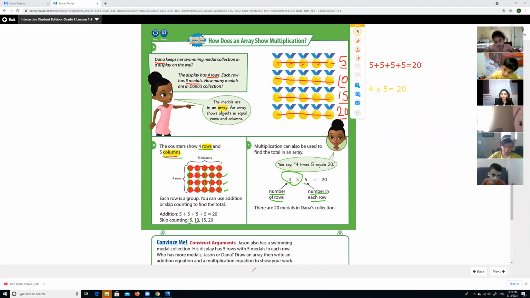So the rule we use to write multiplication for array is number of rows times how many in each row. Now I will go down.